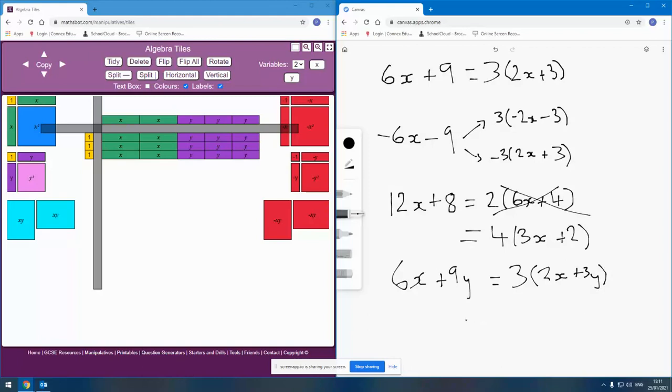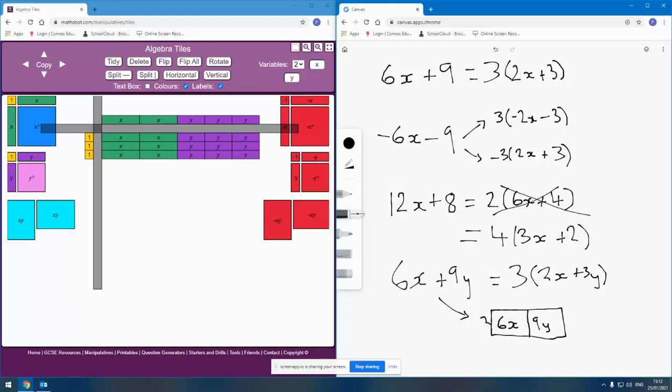And, as well as going straight from the expanded form to the factorized form, what I could be doing here is drawing a picture, drawing a partial abstraction of what it is I'm building with my tiles. So I'm building a rectangle using my 6x's and my 9y's, but the way I'm building that is I'm building it in 2 parts. I'm building it with the 6x's together first of all, and the 9y's separately.